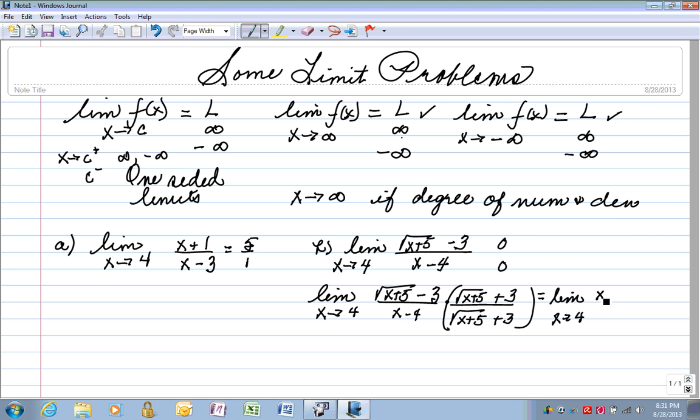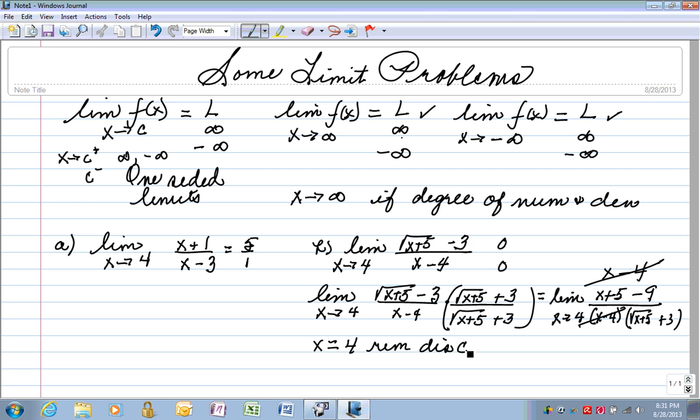The top gives you x plus 5 minus 9, and you leave the bottom in two terms. So the top will give you x minus 4, and the culprit will cancel out. You have a discontinuity at 4, so x equals 4 is a removable discontinuity.